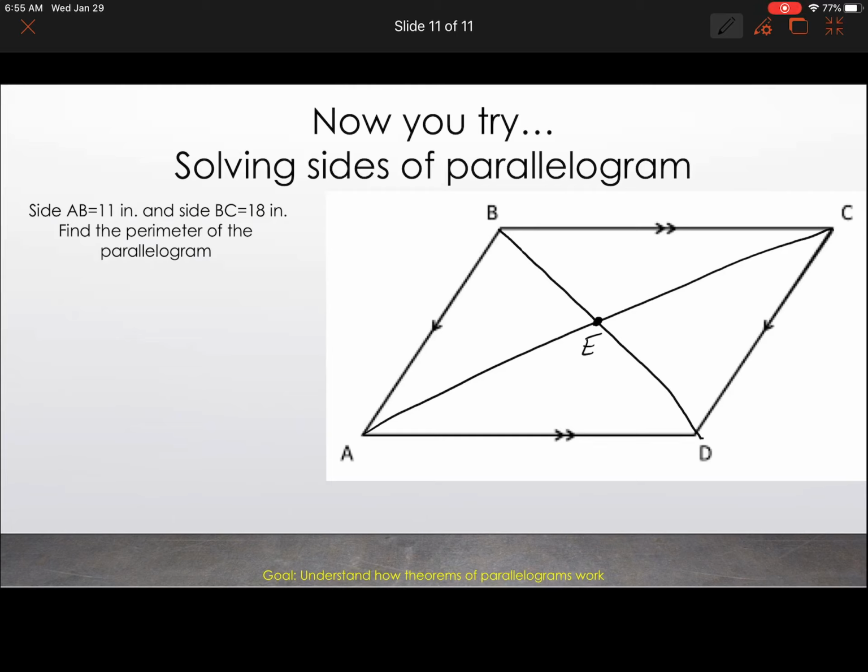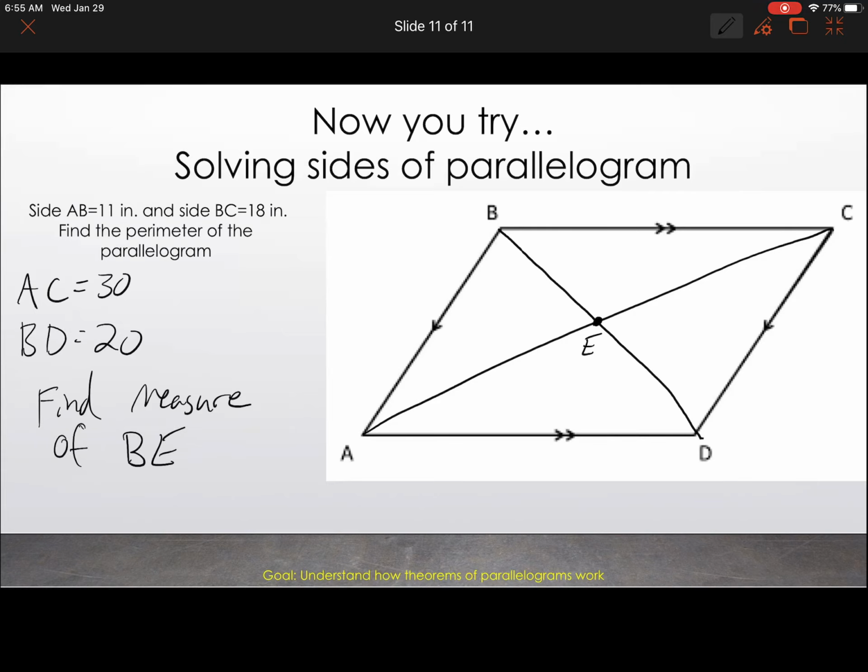So if they say that segment AC equals 30, and BD equals, we'll say 20, find the measure of BE. And you'll be like, where the heck is BE? I don't know where it is. That E is going to be the point you make when you make the diagonal. So when I have two diagonals, remember that they're going to bisect each other.